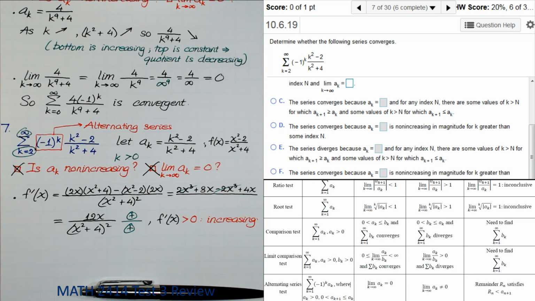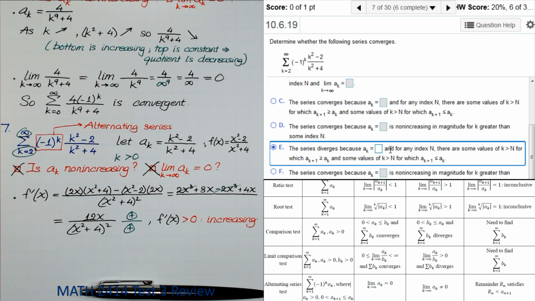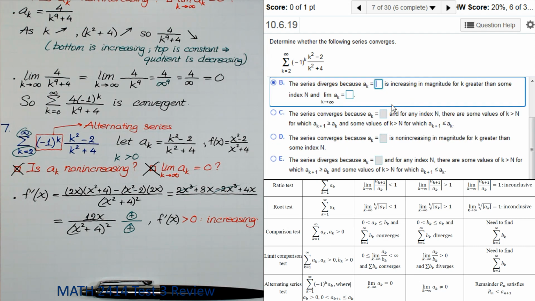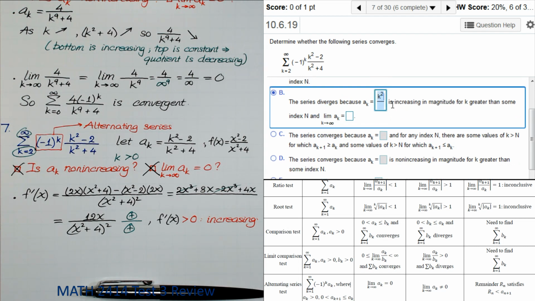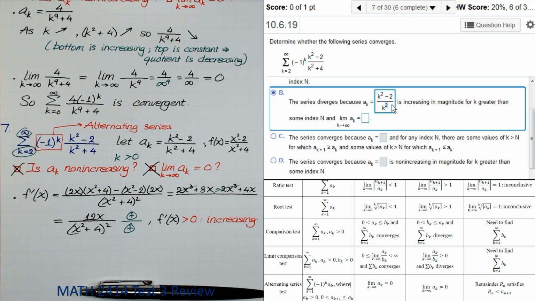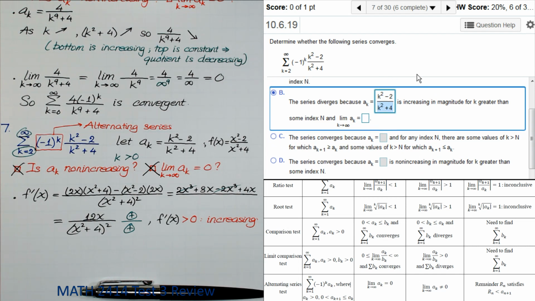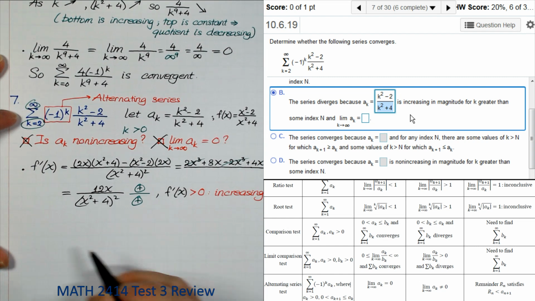So we say the series diverges, because h of k is equal to the fraction k squared minus 2 over k squared plus 4, and we showed that it is increasing, and we haven't shown the limit.